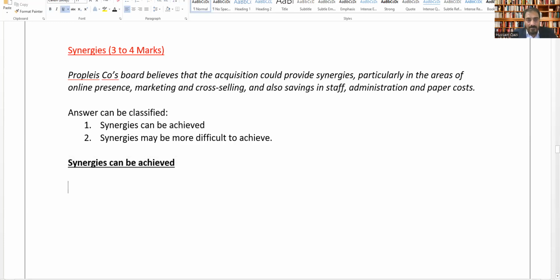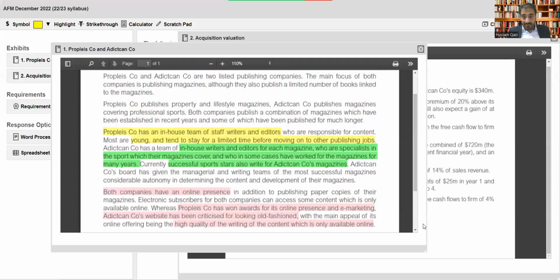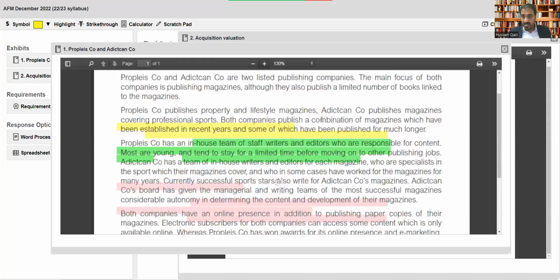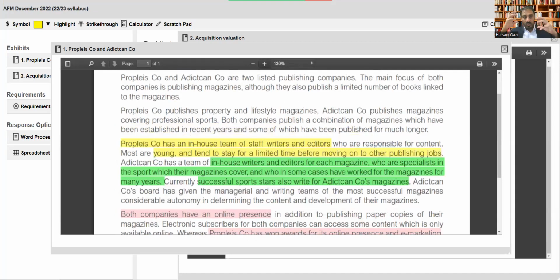So with this point, where the board believes that, first of all, the very important thing, ask yourself: do we have enough knowledge about the case in our mind?